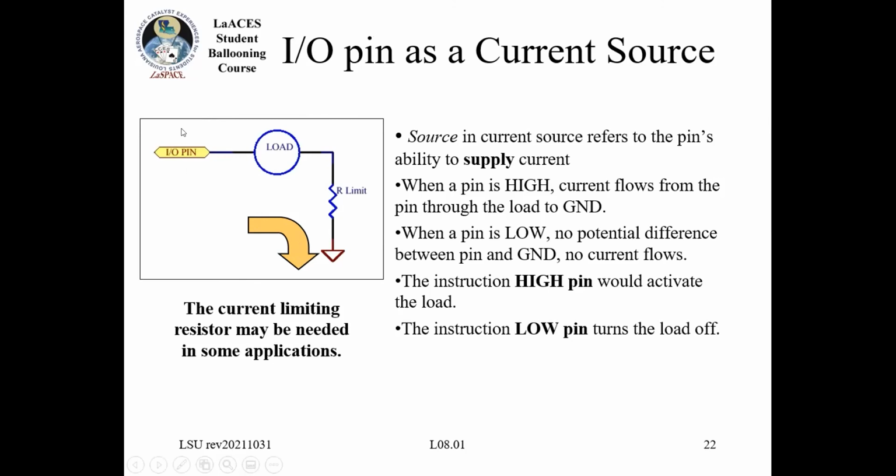So if I have my IO pin high, I have maybe some kind of load, let's say possibly an LED that I'm just trying to blink. And then there's either a resistance from a pull down resistor or just the inherent resistance of the circuit, right? So there's going to be this current flow here.